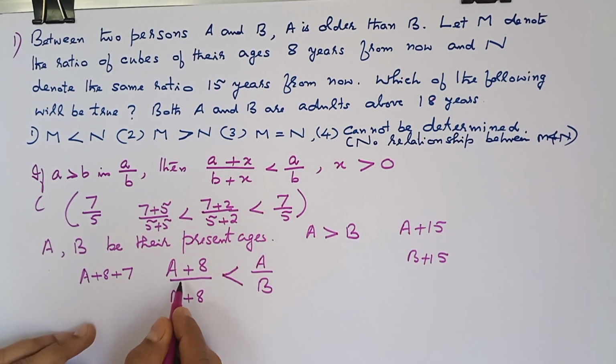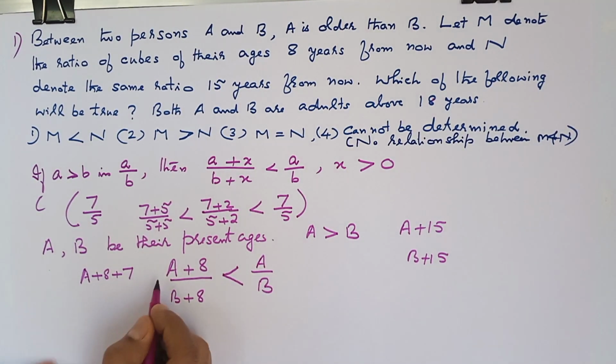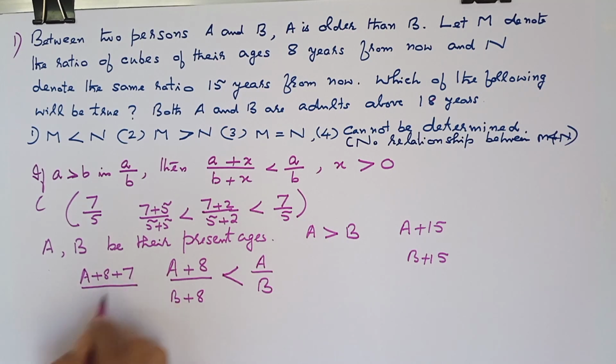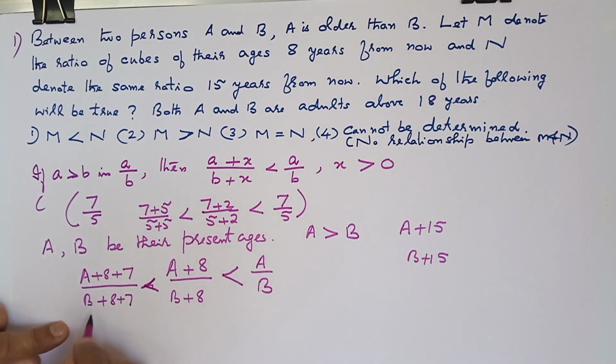So to get to 15 from there, it's enough to add 7 to both the numerator and denominator. Right? This should be less than this. Okay. Now this we can write again: A plus 15 by B plus 15.